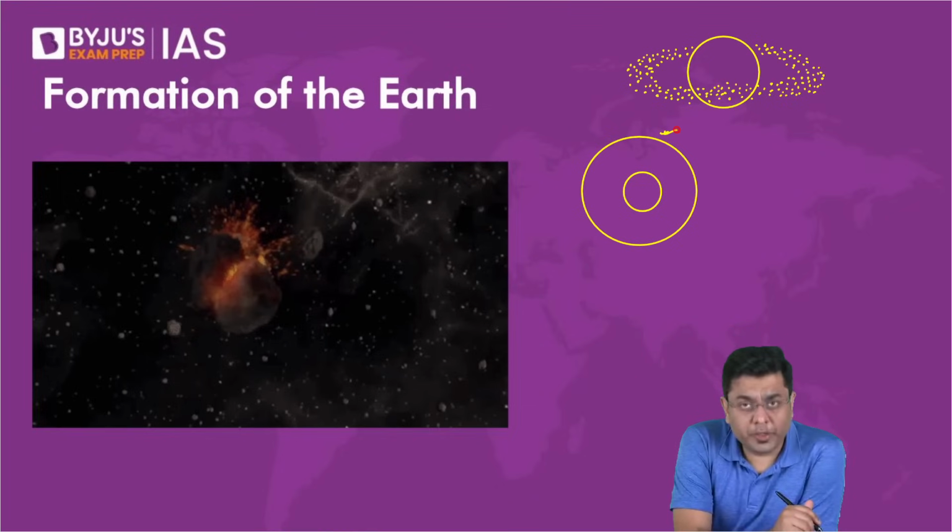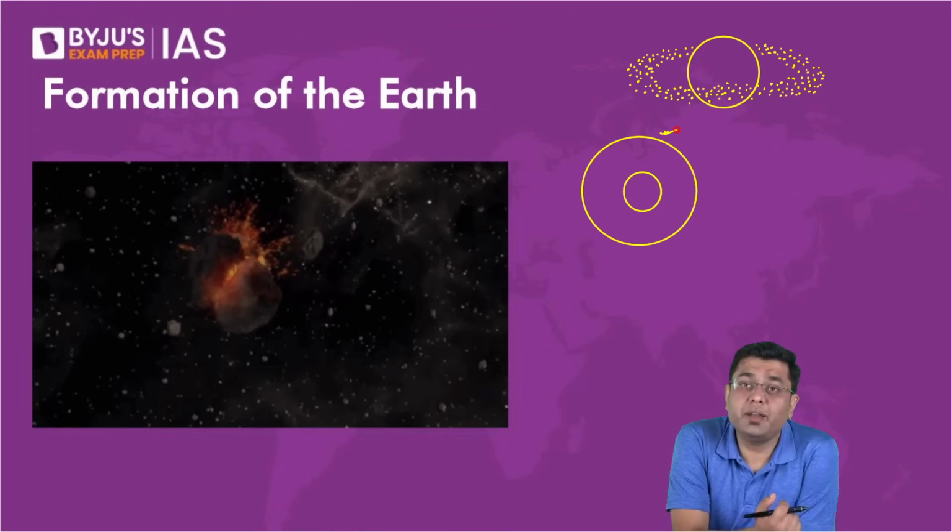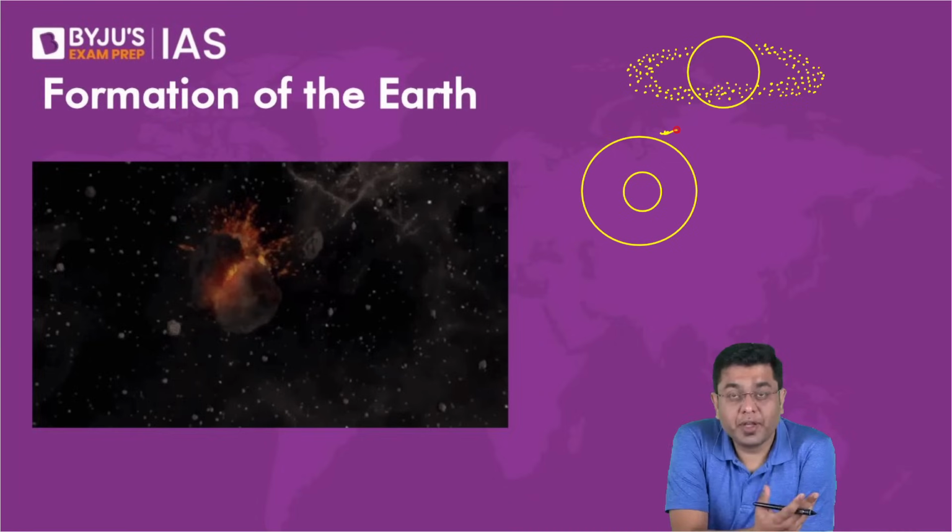Obviously, by this point of time, the lighter materials, which were the lighter materials? Silicates, alumina, right? But by silica, we don't mean silicon. Silica is an oxide of silicon. So silicates, alumina, all of these started coming to the top and started solidifying.